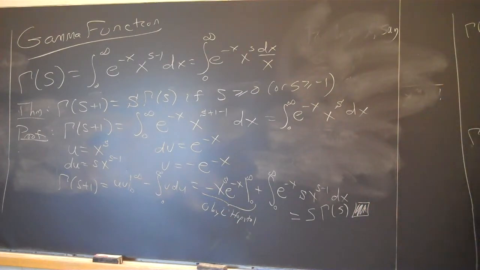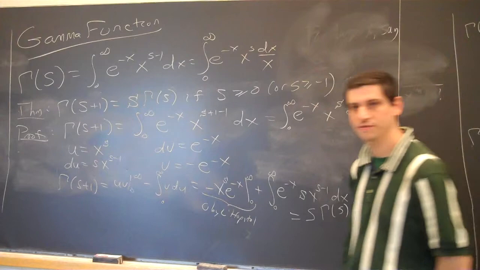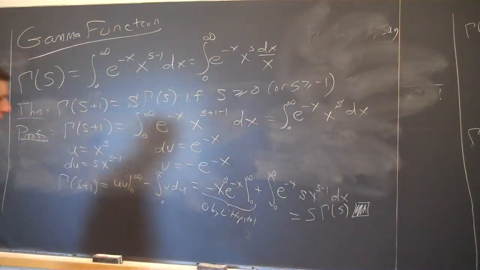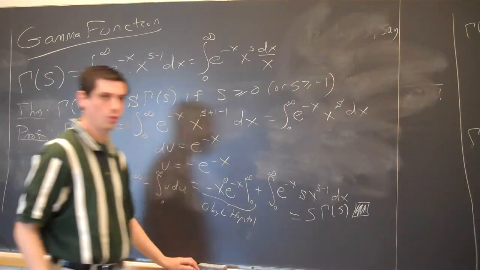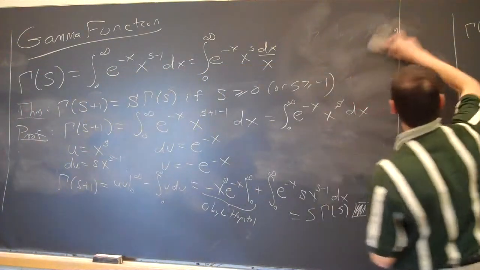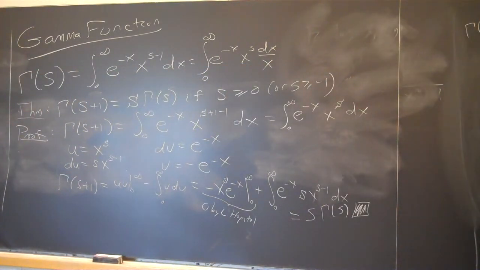So really, the argument we did before, when we proved the value of gamma of 2, by just looking at things a little bit more formally, that also gives us gamma 3, gamma 4, gamma 5. We get gamma of s plus 1 is s gamma of s. And so now we can just walk through and get all the different factorials.